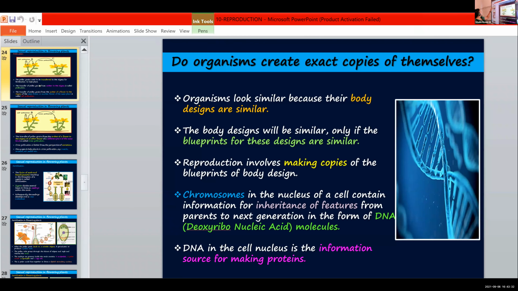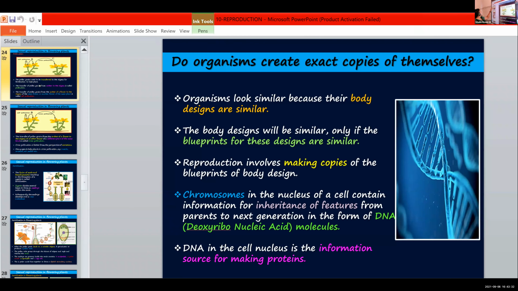So whether it is self or cross-pollination, you can begin by saying like this: transfer of pollen grains from the anther of a flower to the stigma. And the difference is in the next part. If it is self-pollination, you have to say stigma of same flower or another flower of the same plant. Okay?